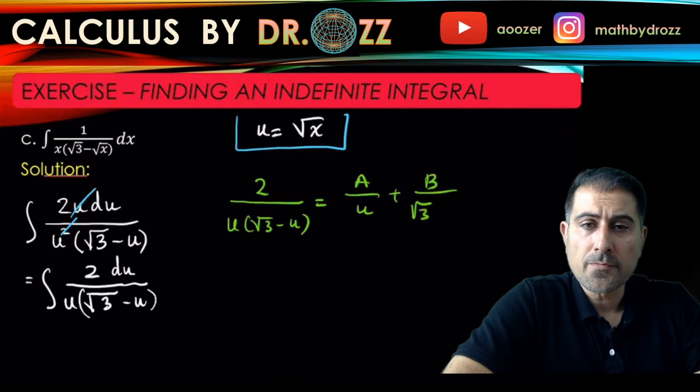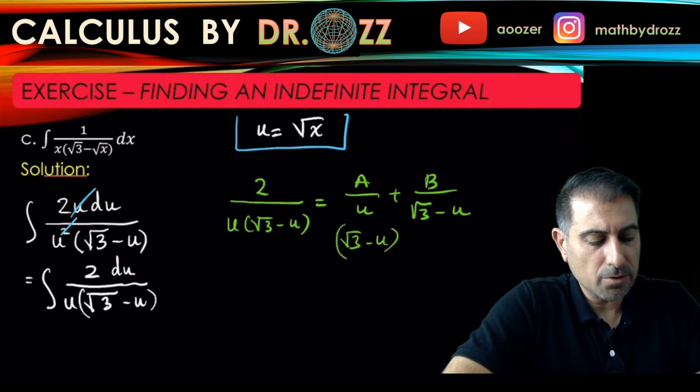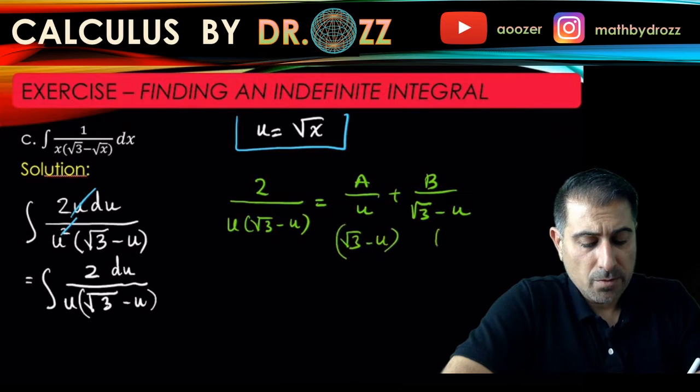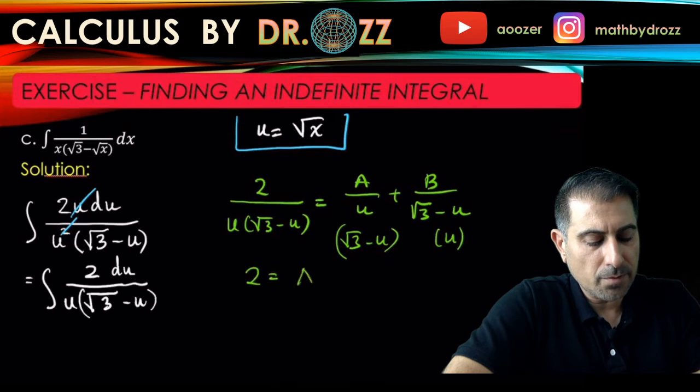I'm going to get the common denominator by multiplying top and bottom by radical 3 minus u and just u here. So I get down to the equation 2 equals A times radical 3 minus u plus B times u.